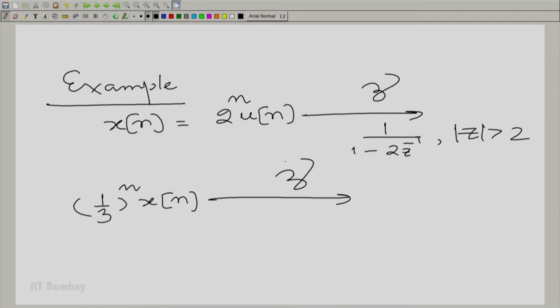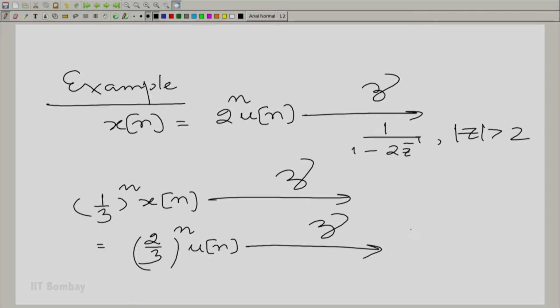So, 1/3 to the power of n x of n is essentially 2 by 3 to the power of n u of n, and this z transform is very easy to write. It is 1 by 1 minus 2 by 3 z inverse with mod z greater than 2 by 3.